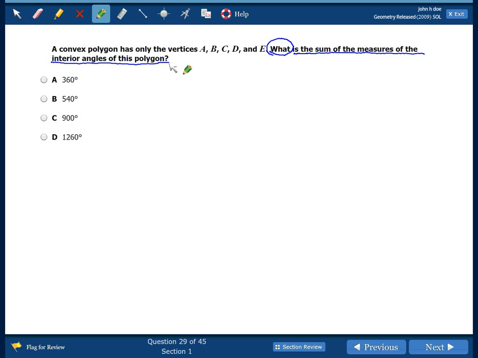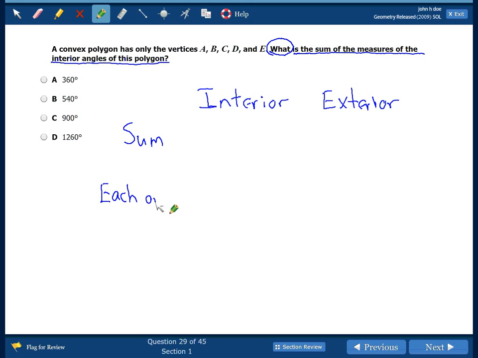So what I told you guys to do in class was to come up with interior, exterior. So we're making a table. We had sum, and then we had each on a regular polygon.